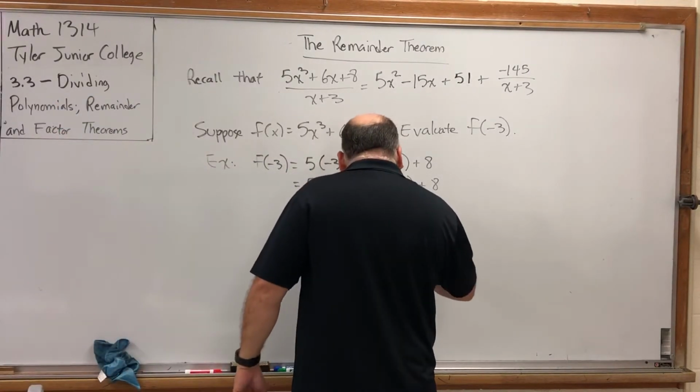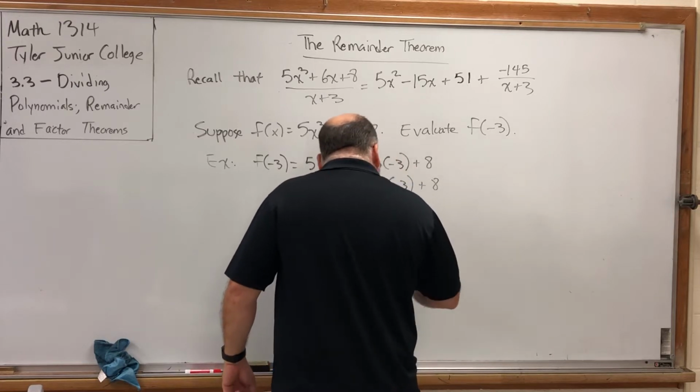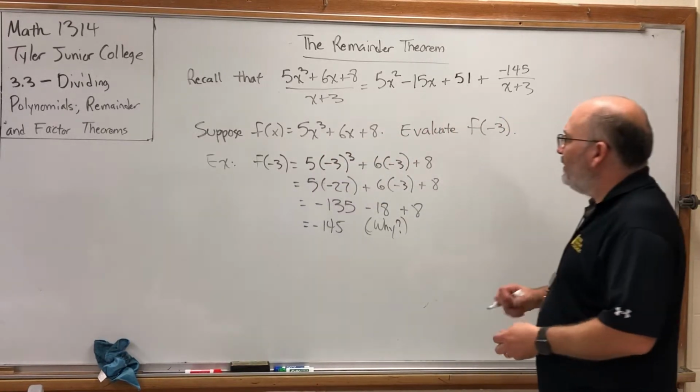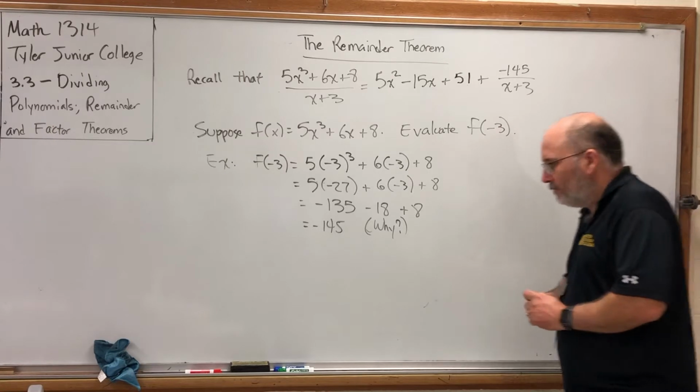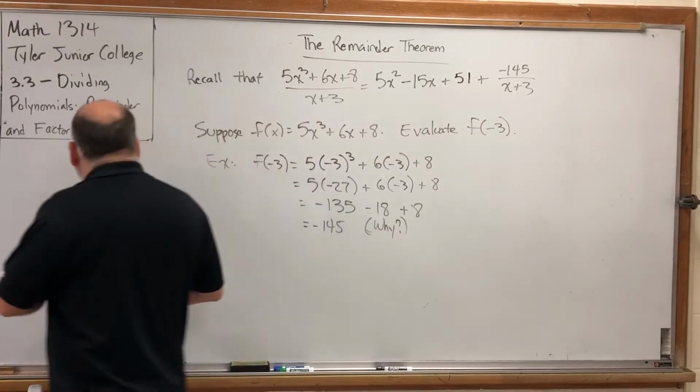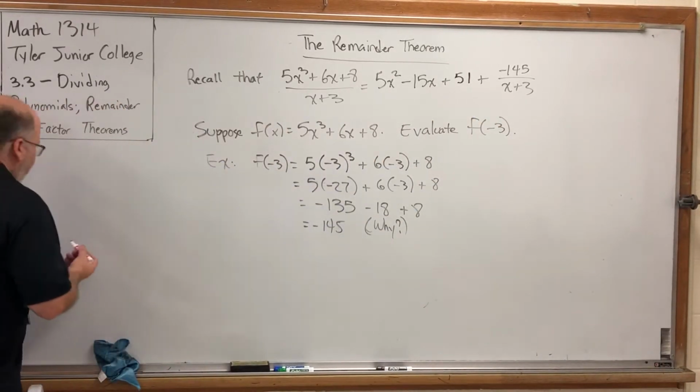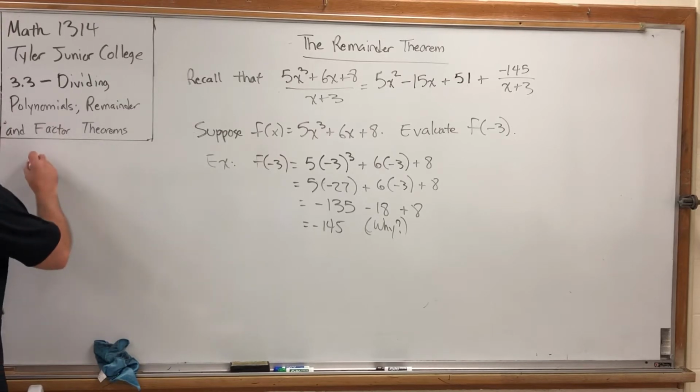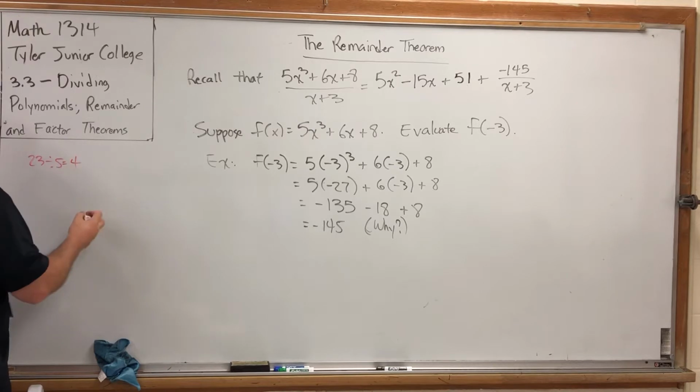The answer is a little unclear unless you remember how to check a division problem. Remember how to check a division problem? For example, if I said that 23 divided by 5 is 4 3/5, which it is.